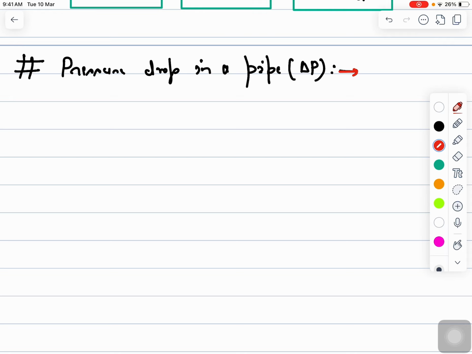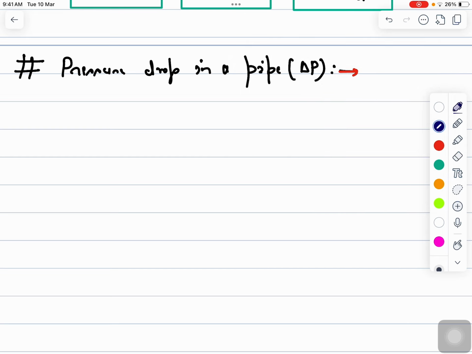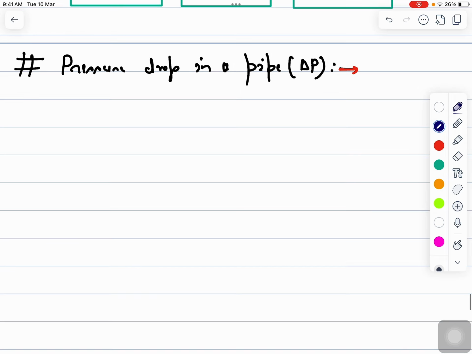The pressure drop in a circular pipe depends on the following variables: fluid density rho, fluid viscosity mu, diameter of the pipe d, fluid velocity u, and then pipe length.